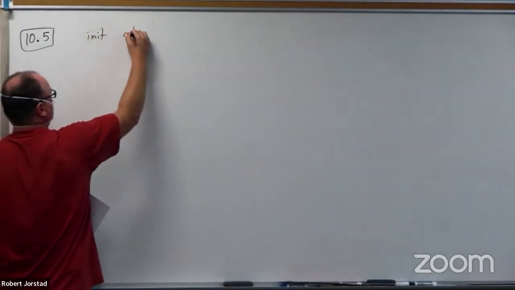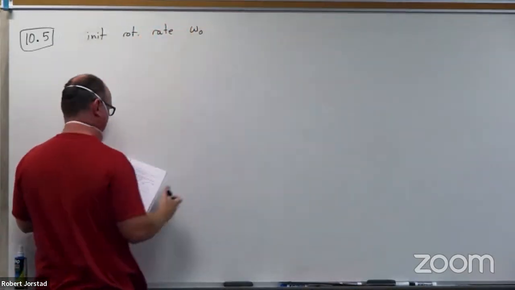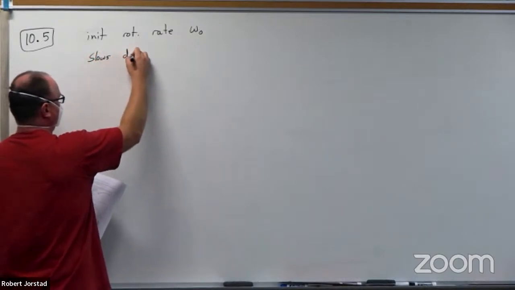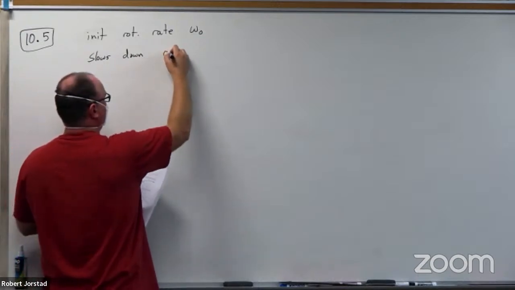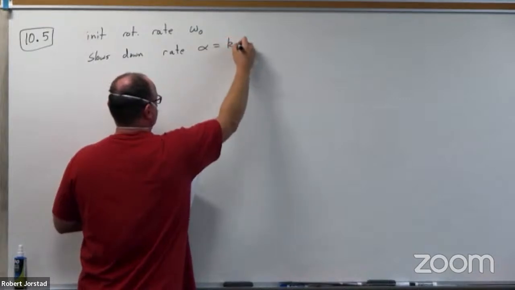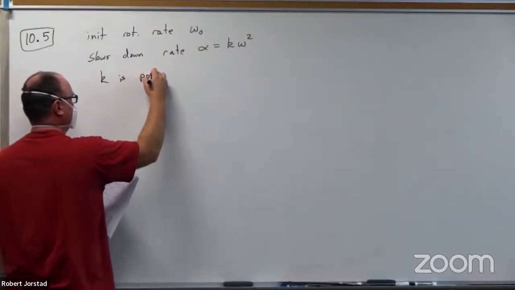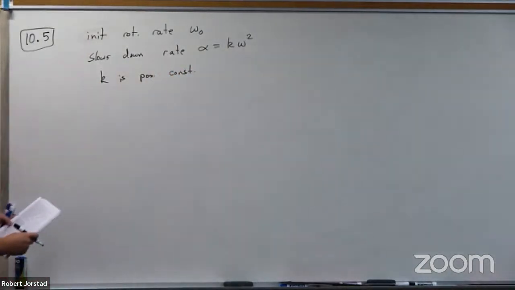Initial rotation rate omega naught slows down according to rate alpha equals negative K omega squared, where K is a positive constant.